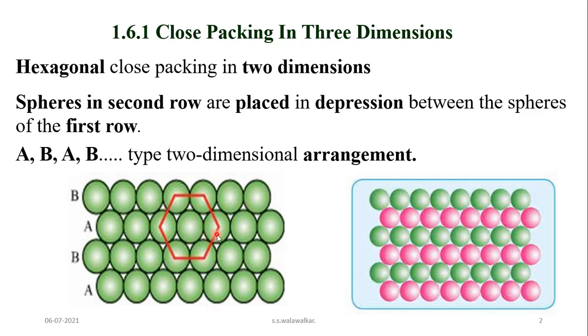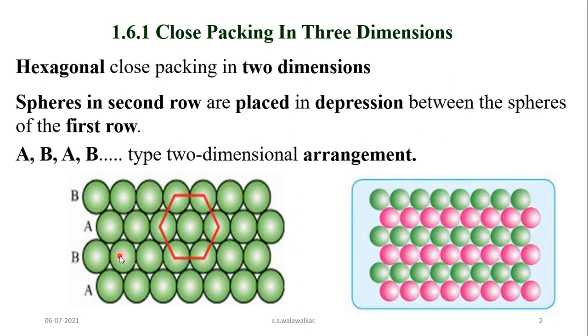In hexagonal close packing, each sphere is surrounded by 6 other spheres, and hence the coordination number is 6 in 2 dimensions. You can also observe the empty spaces. Triangular spaces are empty in the hexagonal close packed structure, and these are of 2 types: one having the apex pointing downward, another having the apex pointing upward.